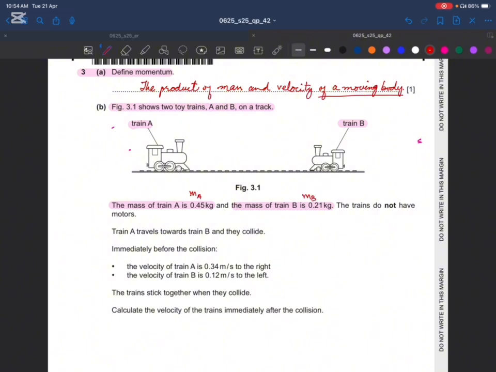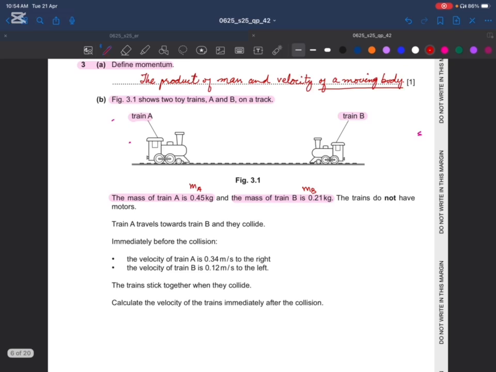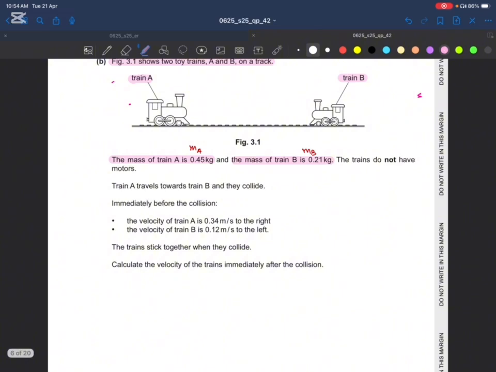The trains do not have motors. This is another piece of information. You will see that in a number of questions, they will give you a sort of story, and then based on that story, they will ask the question. So part of the story is that the trains do not have motors, so be careful. Train A travels towards train B and they collide.